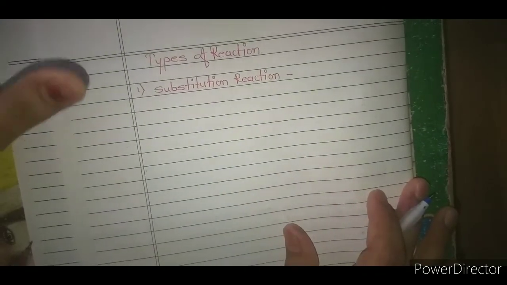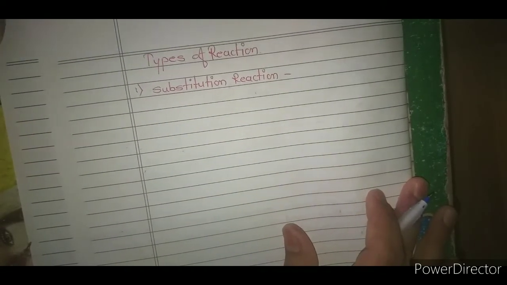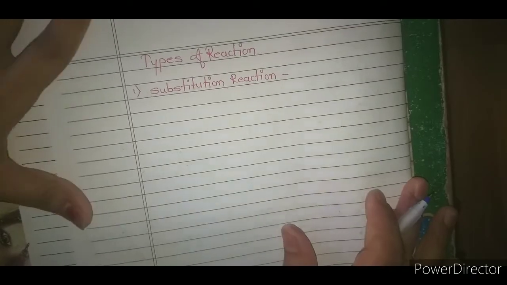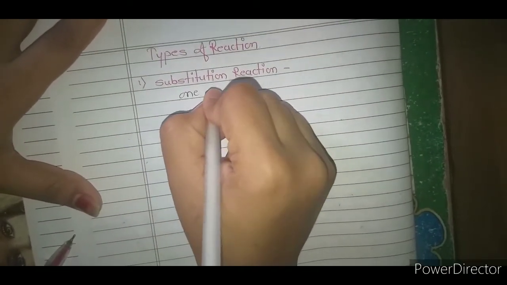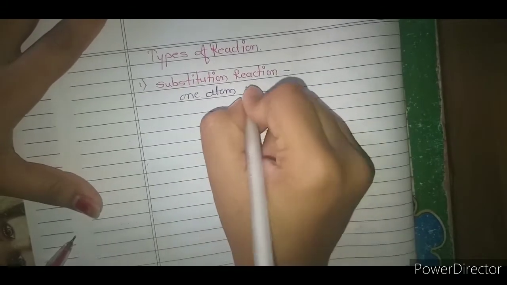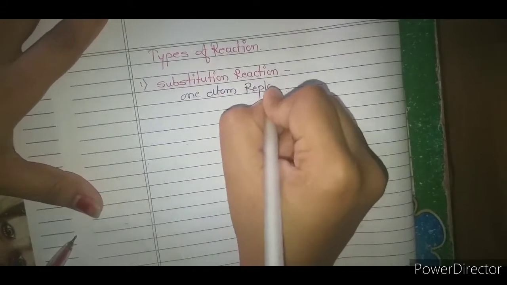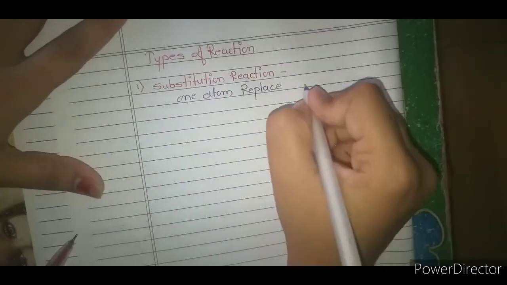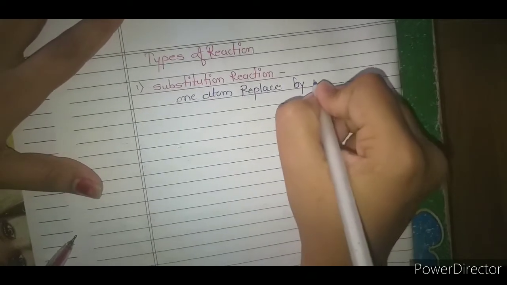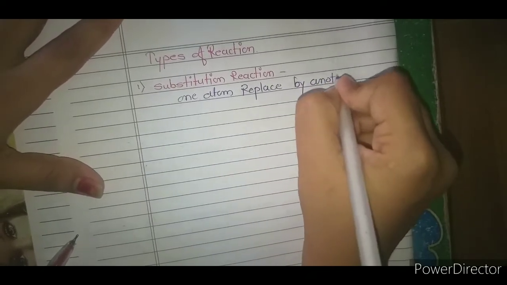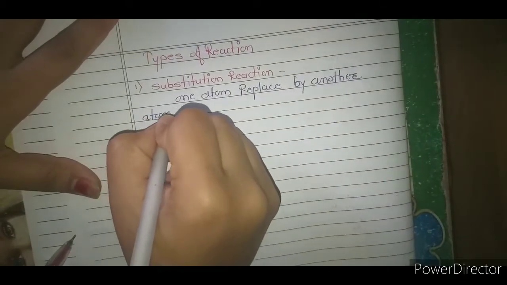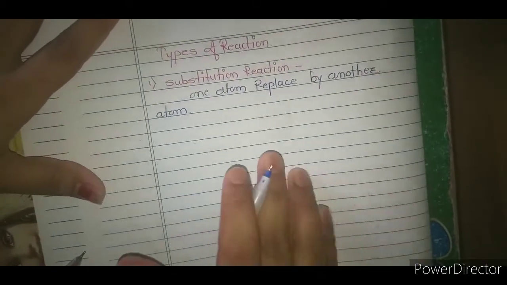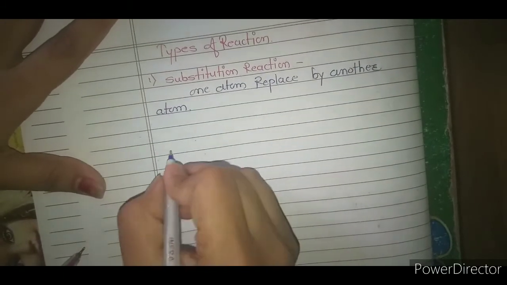One atom or group of atoms is replaced by another atom or group of atoms. One atom replaced by another atom. This reaction is called substitution reaction.